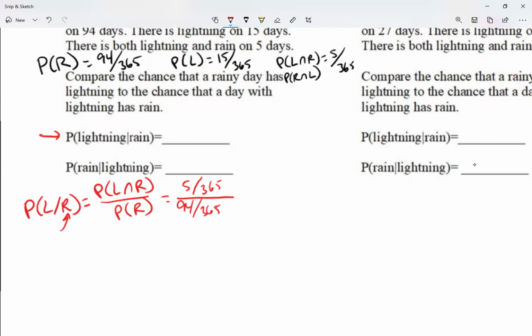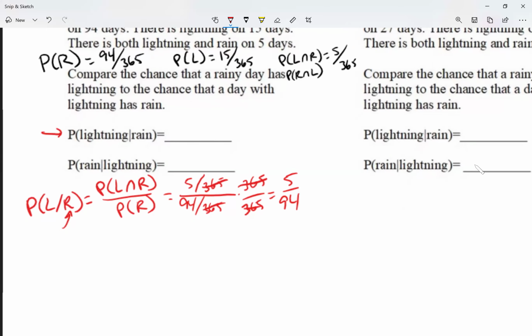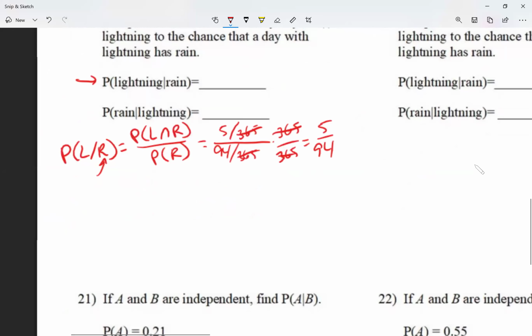Notice how each of my fractions has the same denominator. So if I multiply the top and the bottom by 365, that's going to get rid of my denominators. So I'm just looking at this as 5 over 94. 5 divided by 94, I grab my calculator and it gives me 0.053.